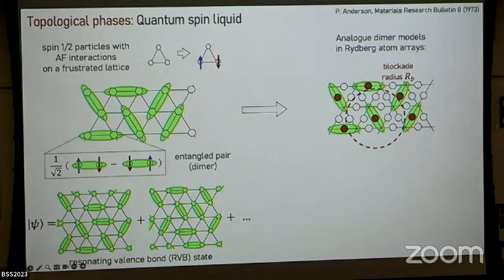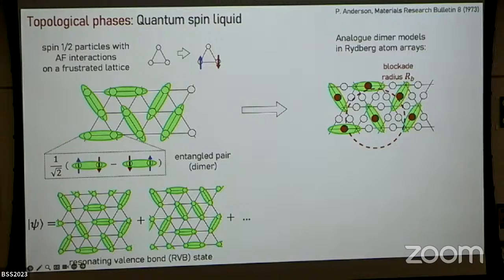But the interesting thing is that you can see that the position of the dimers in this case is exactly the same that you have here on the left, meaning that the spatial constraints that you have between the Rydberg atoms in this case is the same that you have here on the left when you're trying to pair up your spins. Does it make sense?